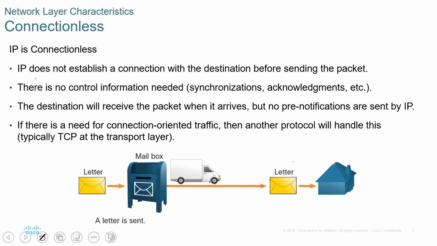We said it does not establish a connection with the destination before sending the packet, and there is no control information needed to synchronize or acknowledge. The destination will receive the packet when it arrives, but no pre-notification is sent by the IP. So if there's a need for connection-oriented traffic, then another protocol will typically handle it.